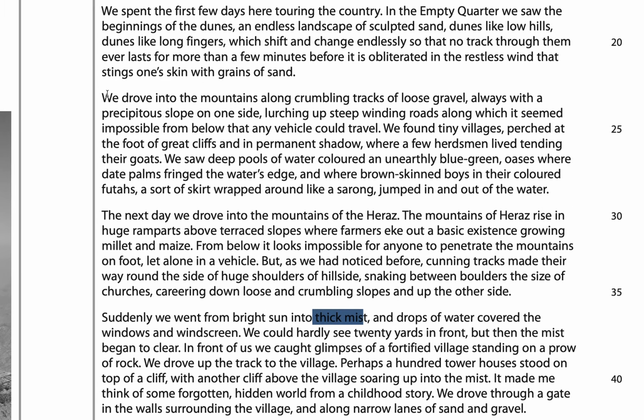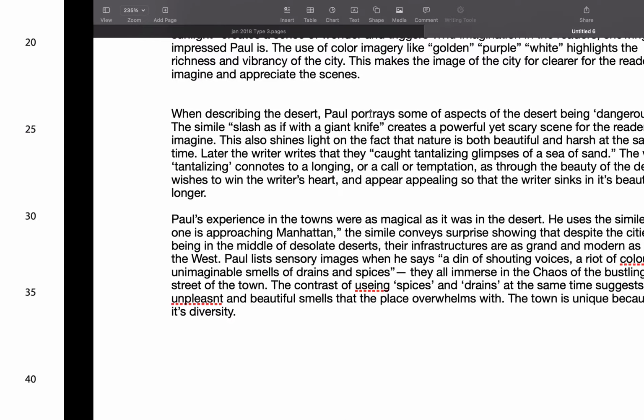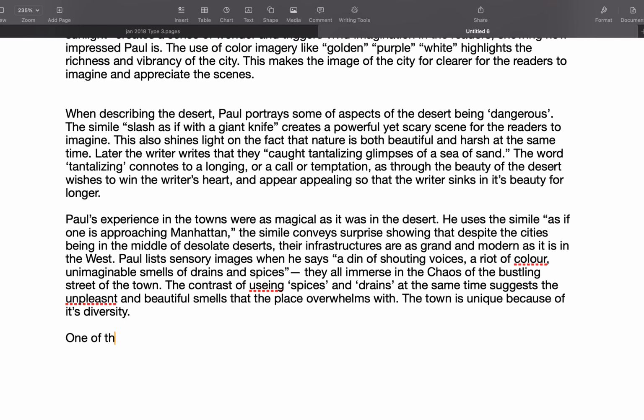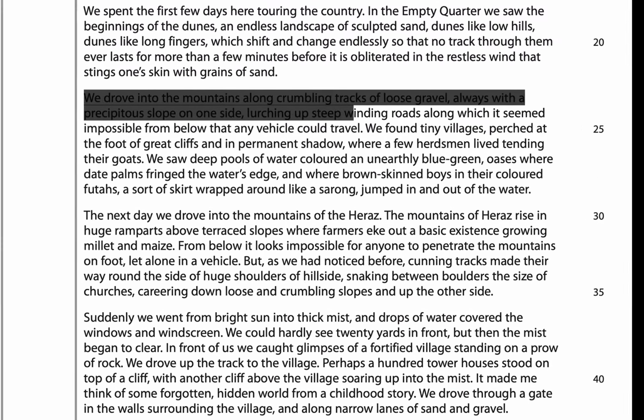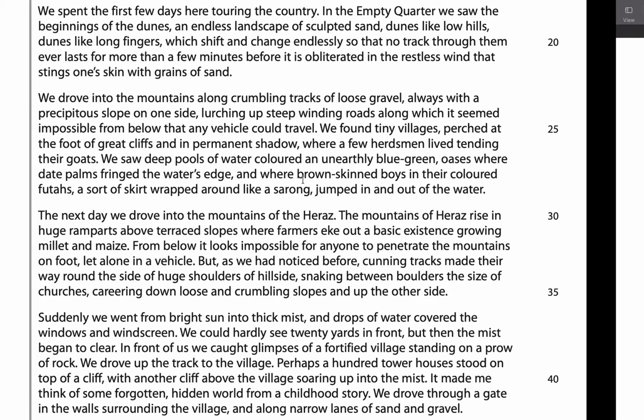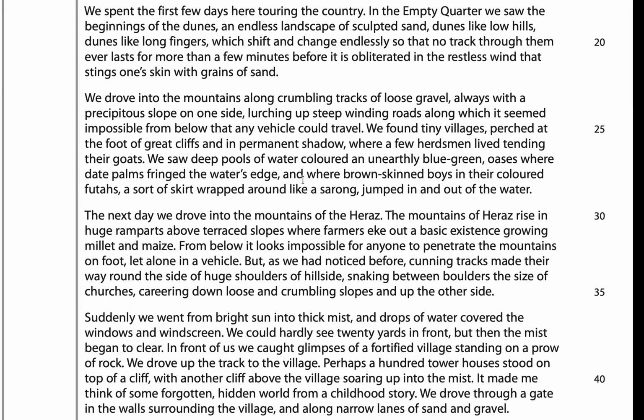So we're going too far. I would really like to talk about this. One of the problems the writer faced whilst touring around was the loose gravel.